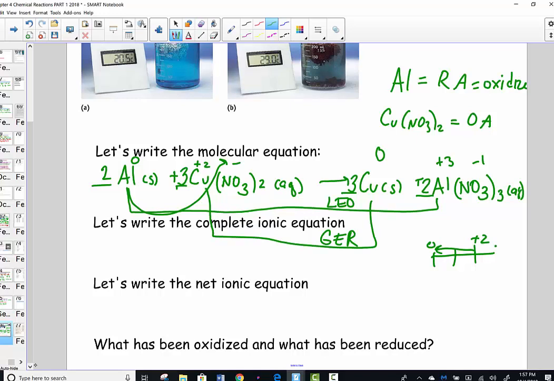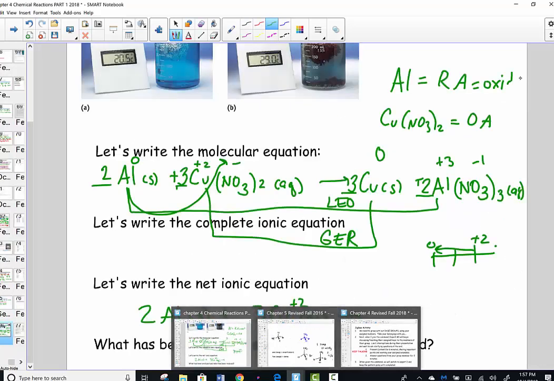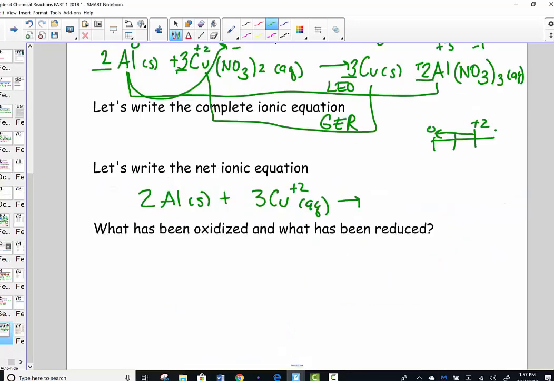So when I write the net ionic equation, I have 2 aluminums reacting with 3 aqueous ions of copper, forming 3 copper metals and 2 aqueous ions of aluminum.